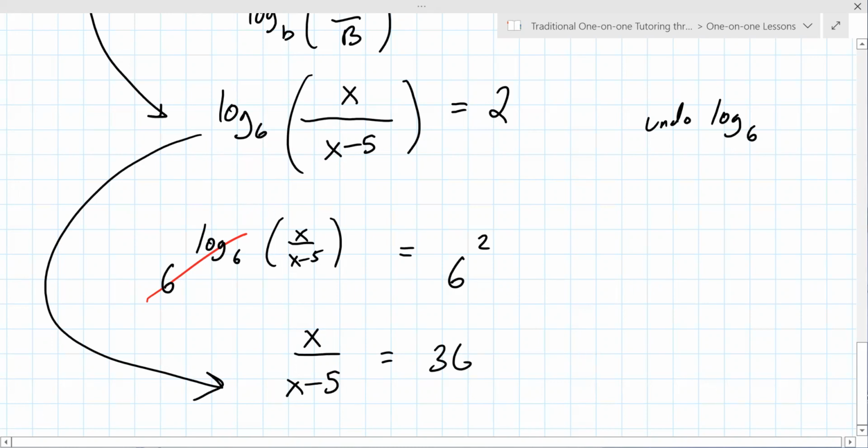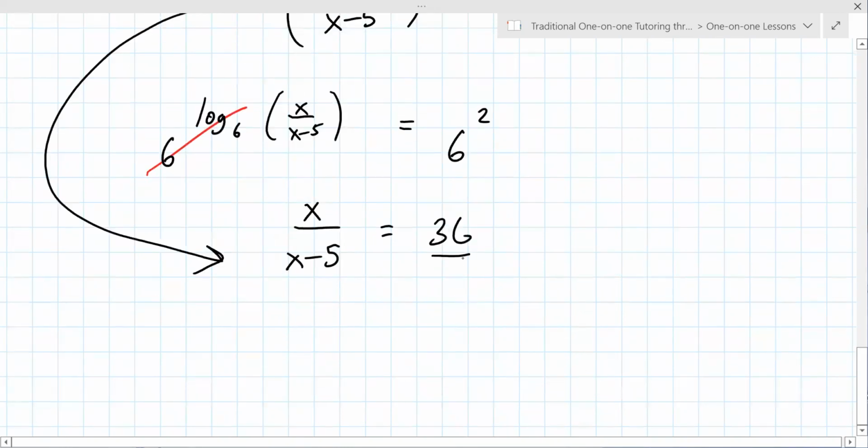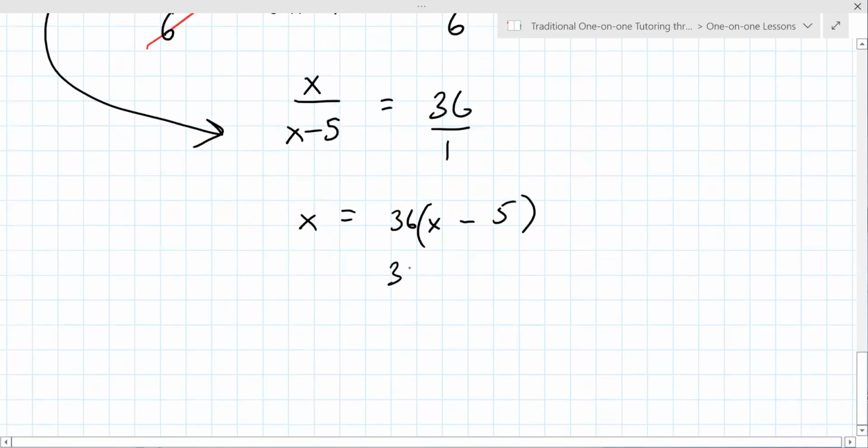And then just solve for x. You have to cross multiply here. X minus 5 times, well, actually, let me do it this way so you can see it. You have to distribute in 36x minus 210. You get the x's on the same side, so you subtract x from both sides.